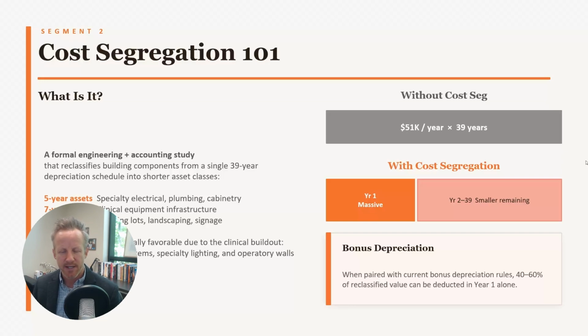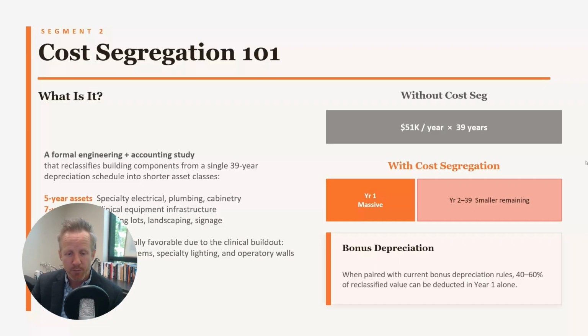And then each bucket is allowed a different depreciation schedule that is shorter. A lot of them are shorter, thereby allowing you to get the deduction sooner rather than waiting the full 39 years to get most or all of the depreciation benefits.